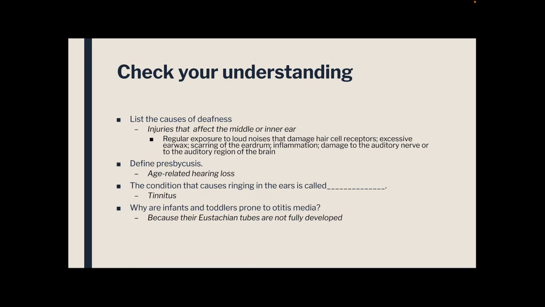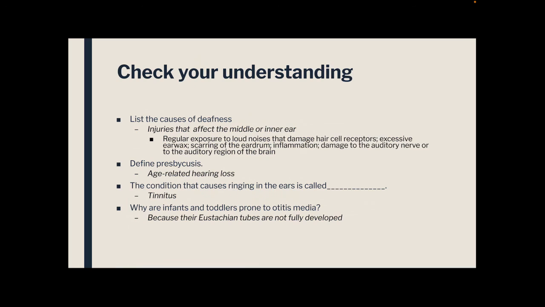So let's check our understanding. List the causes of deafness. So we talked about this, right? This is when you have some kind of injury to your middle or inner ear. This damages the hair cells, which can cause permanent damage because hair cells can't grow back. So it can either be due to loud noises like construction noises. It can be earwax buildup.